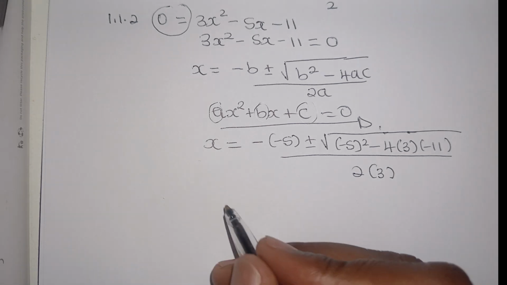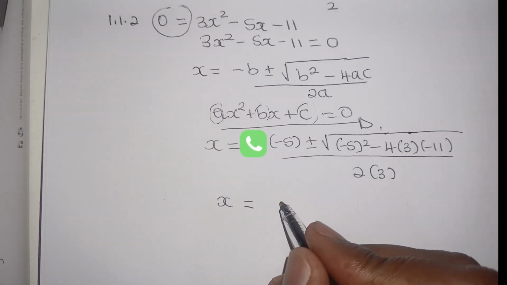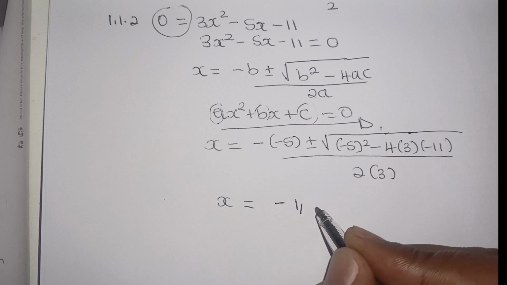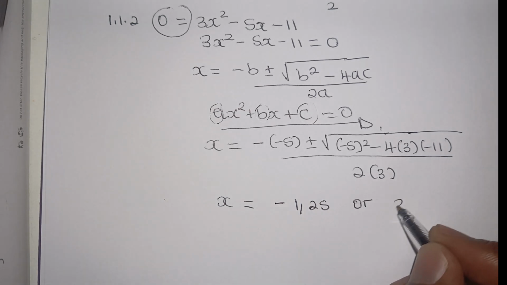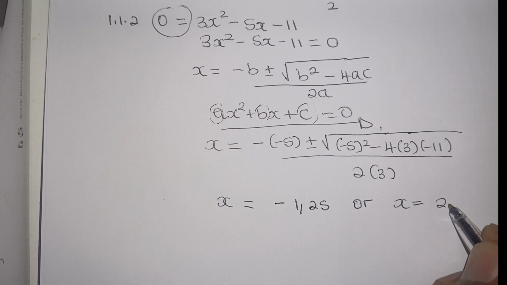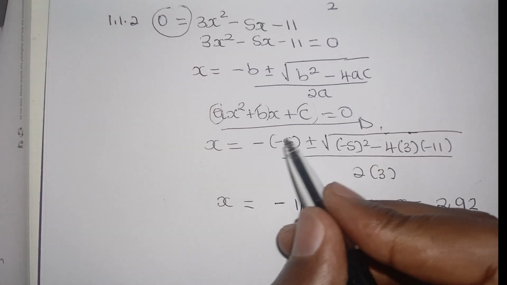Then from there, you plug and play. You plug into your calculator and you play. So you will find approximately -1.25, or X = 2.92, right?